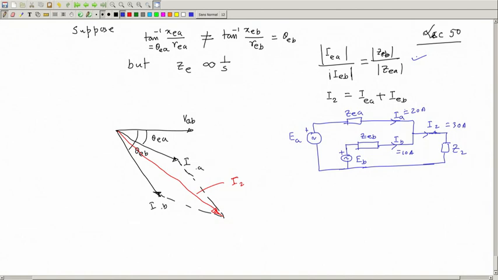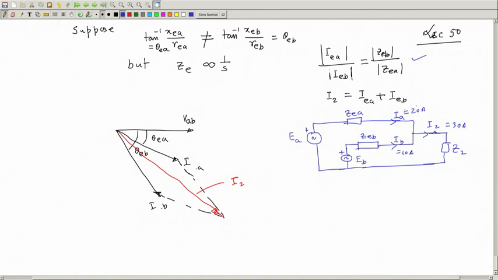The magnitude of I2 will be less than IA plus IB, because they are not co-phasal. It will be less than, is it? I2 will be less.